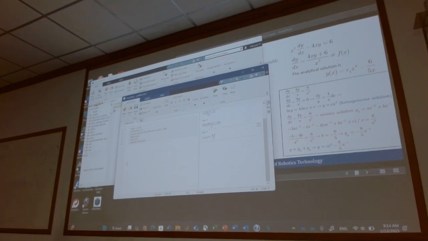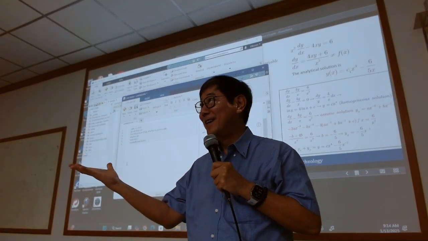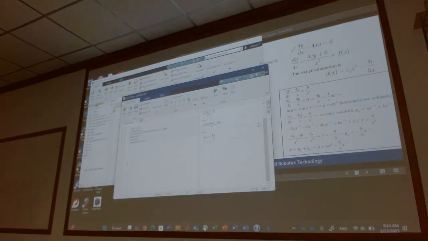Can you make it bigger? Can you do that? There are two ways to do it. One is you use your mouse, Control and mouse scroll, right? I can do that one as well.